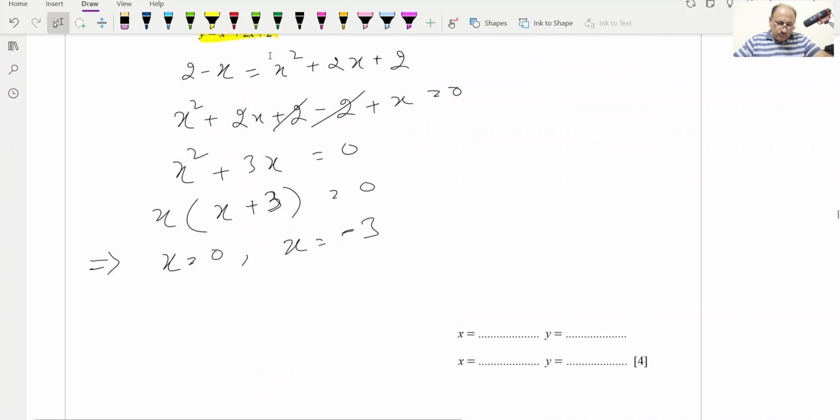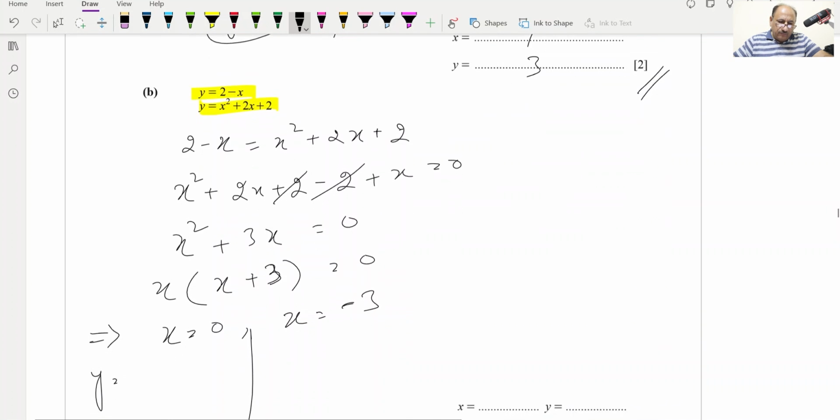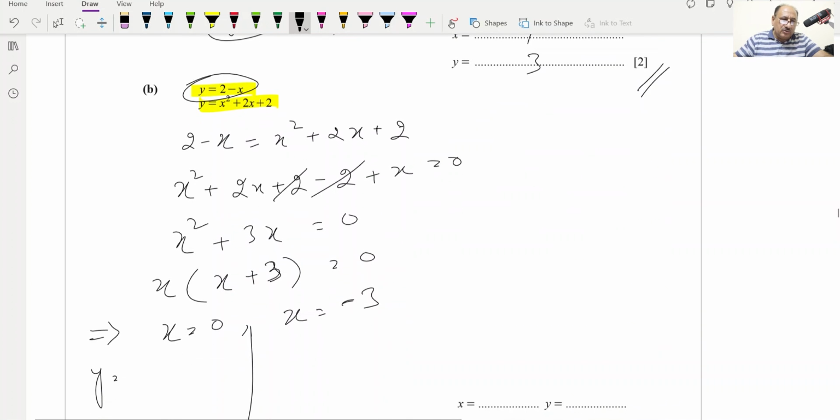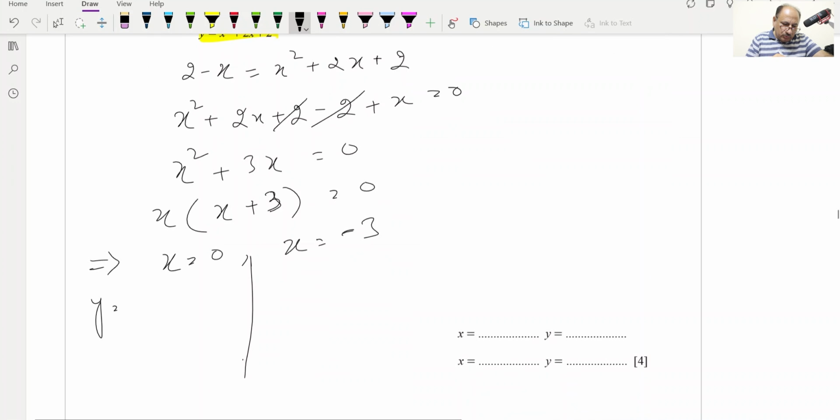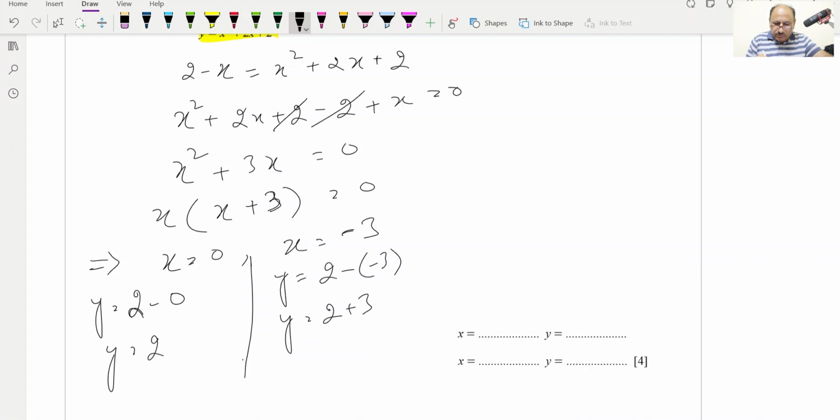So these will be two values. Now y values we can find. If x is equal to 0, we can use the first equation, y is equal to 2 minus x. So 2 minus 0, y is equal to 2. And in this case, y is equal to 2 minus x, which is basically minus 3, so y is equal to 2 plus 3, which is equal to 5.